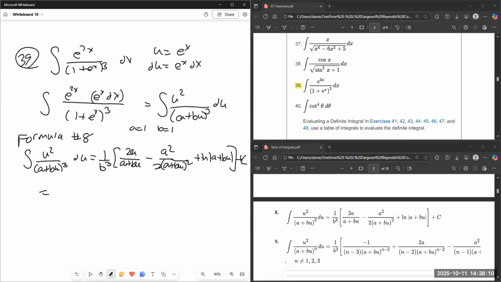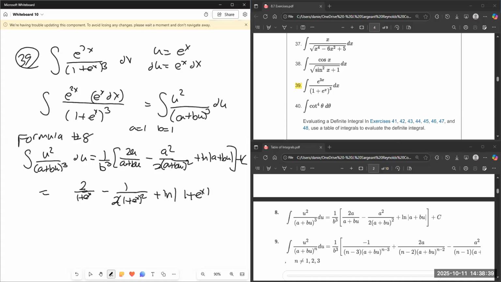So this is 1 over 1 cubed is 1. 2a is 2 over 1 plus e to the x, minus 1 over 2 times 1 plus e to the x quantity squared plus ln of 1 plus e to the x plus c.